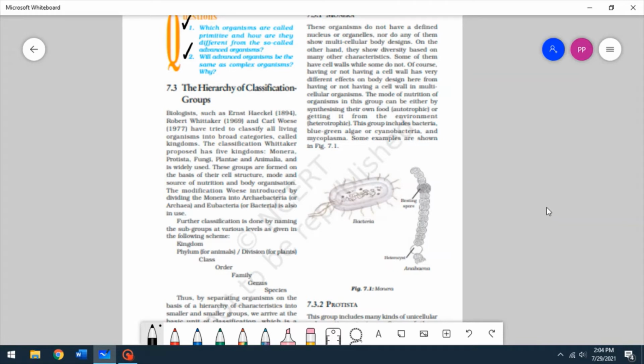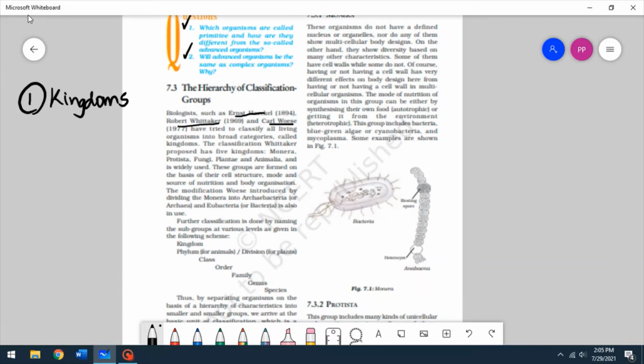So Ernest Haeckel and Robert Whittaker and Carl Woese have tried to classify all living organisms into broad categories called kingdoms. So that was the first hierarchical stage, kingdoms. Alright, that's the broadest division.